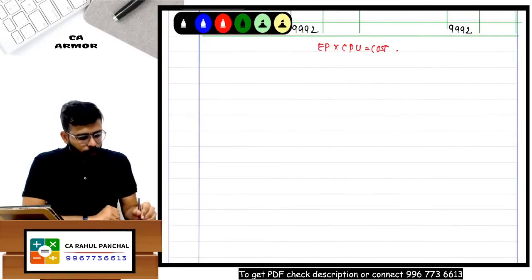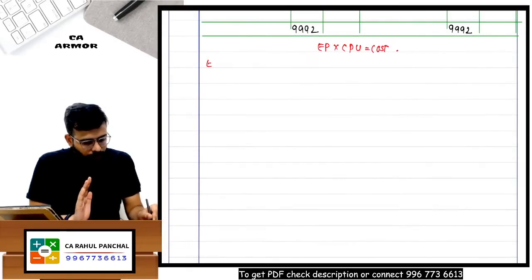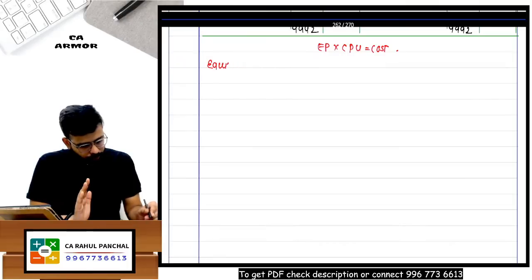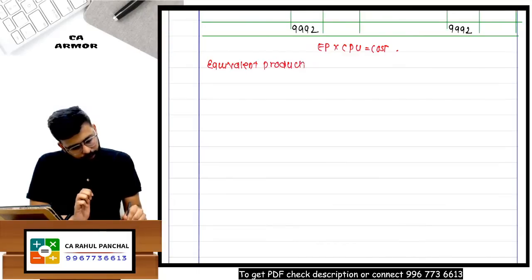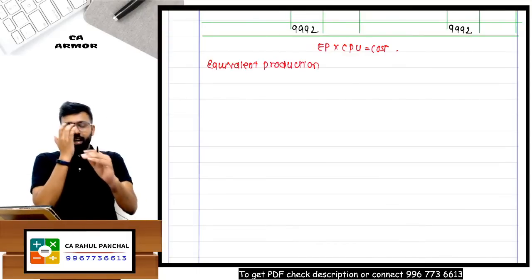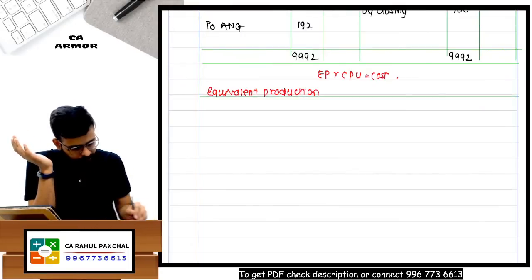Now understand. So guys, let us write down the statement showing equivalent production. When I write this here, understand this. We're going to make the format like this.